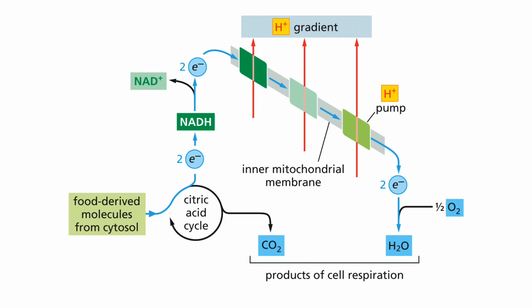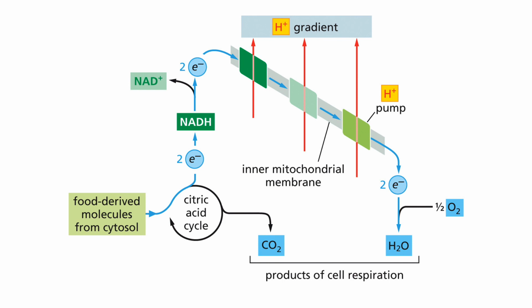But you have the NADH giving off the protons, giving off the electrons. They get fed into the inner mitochondrial membrane, which carries electron transport. That's the line on an angle with the blue arrows. And then you see the red arrow showing the pumping of protons in a particular direction.